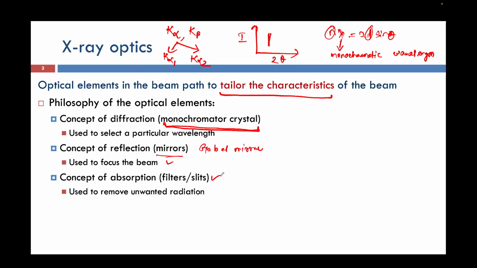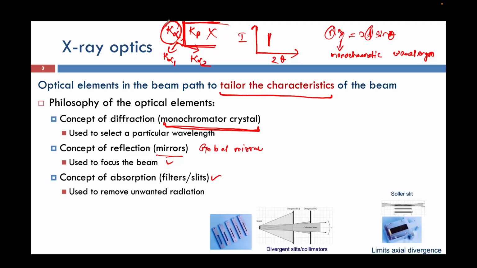We are using a nickel filter, because a nickel filter for copper K alpha radiation will automatically eliminate the K beta part. So we will only get K alpha, and then our intensity versus 2 theta profile will be very good. So we use filters, and slits.